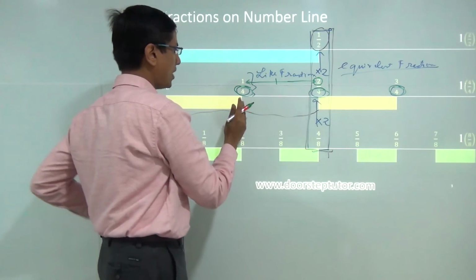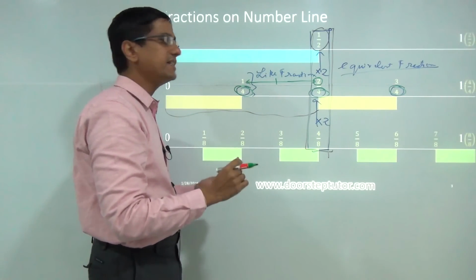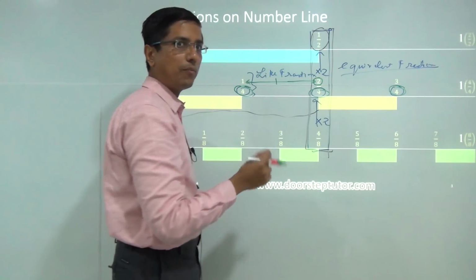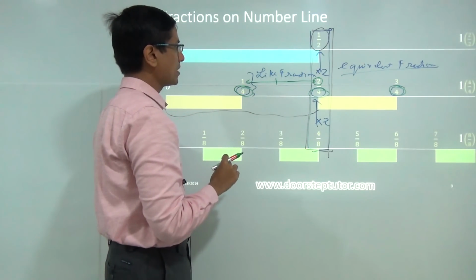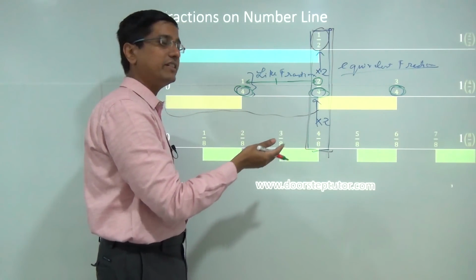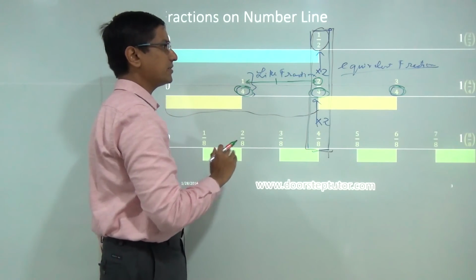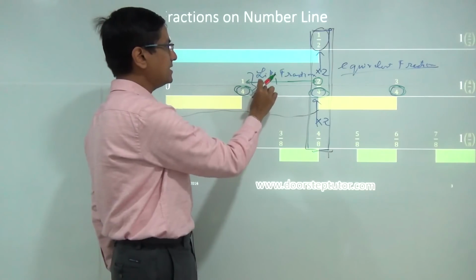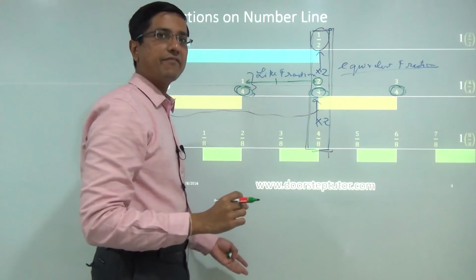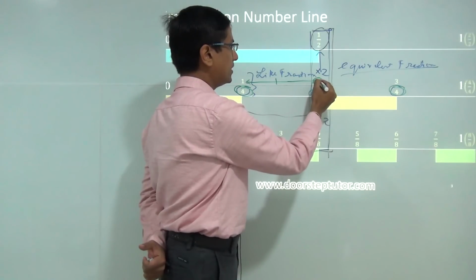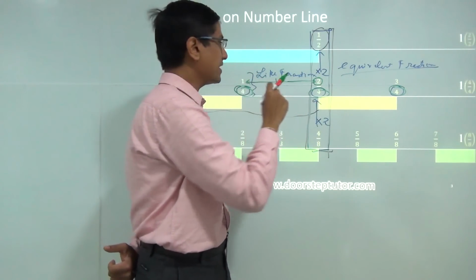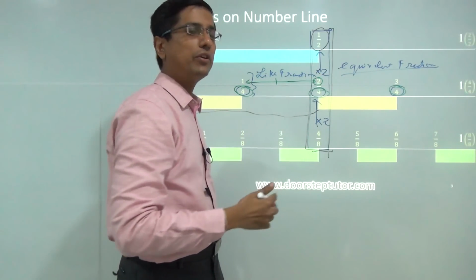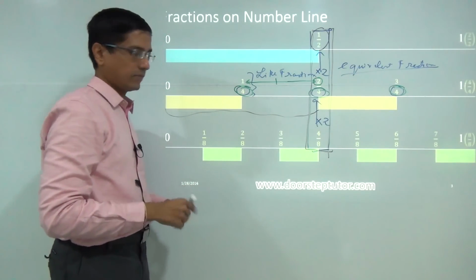So to add like fractions, you can simply add the top portions or the numerators. Similarly, to subtract like fractions, you can simply subtract the numerators. You don't have to worry about the denominator. The denominator remains the same. And similarly, you can compare like fractions. The fraction whose numerator, or top part, is larger would be the larger of the 2 fractions. It's very simple.